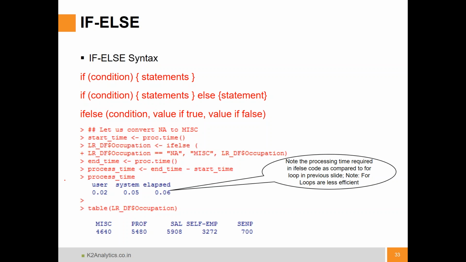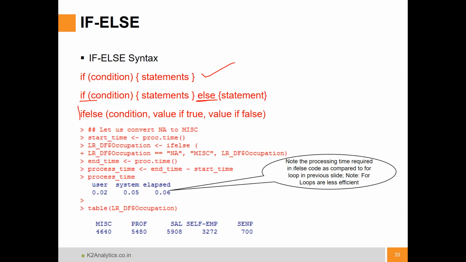So there are multiple ways to do this. One is called if. Basically in this, if a condition is met, do something. Else there is nothing, so you don't say else. But if there is something to do when a condition is not met, then you have to go with an if else syntax.